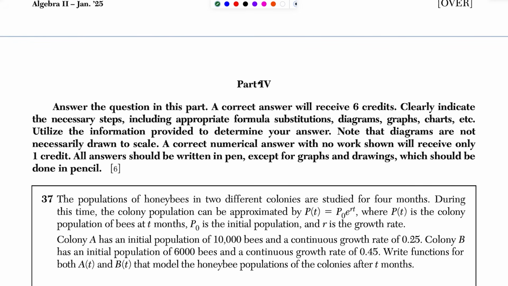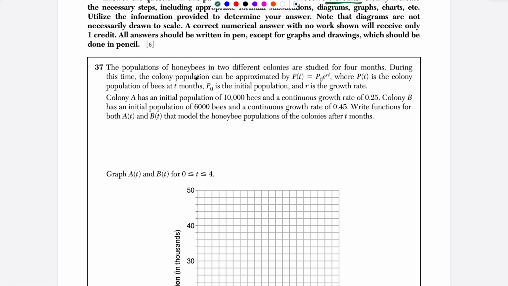So now we're moving on to part 4, the final boss, and this question is worth 6 credits. Question 37: the populations of honeybees in 2 different colonies are studied for 4 months. During this time, the colony population can be approximated by P of t, where P of t is the colony population of bees at t months, P naught is the initial population, and R is the growth rate.